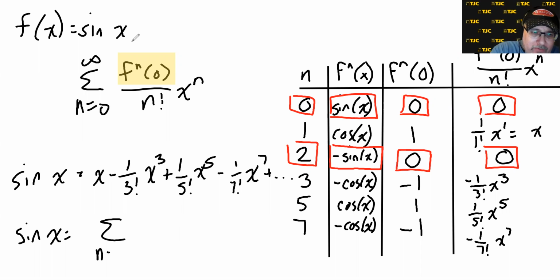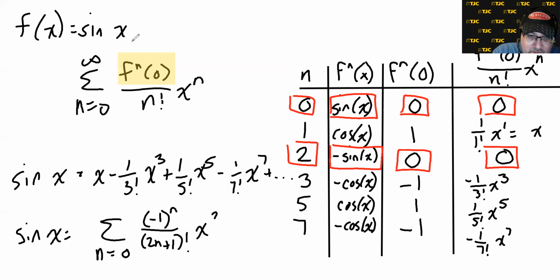If you'll recall, we can write an odd number as 2n plus 1. So it looks like our series is -1 to the n over (2n plus 1) factorial x to the 2n plus 1. And you can check it if you're not sure if you should write 2n plus 1 or 2n minus 1, both of which represent generic odd numbers.